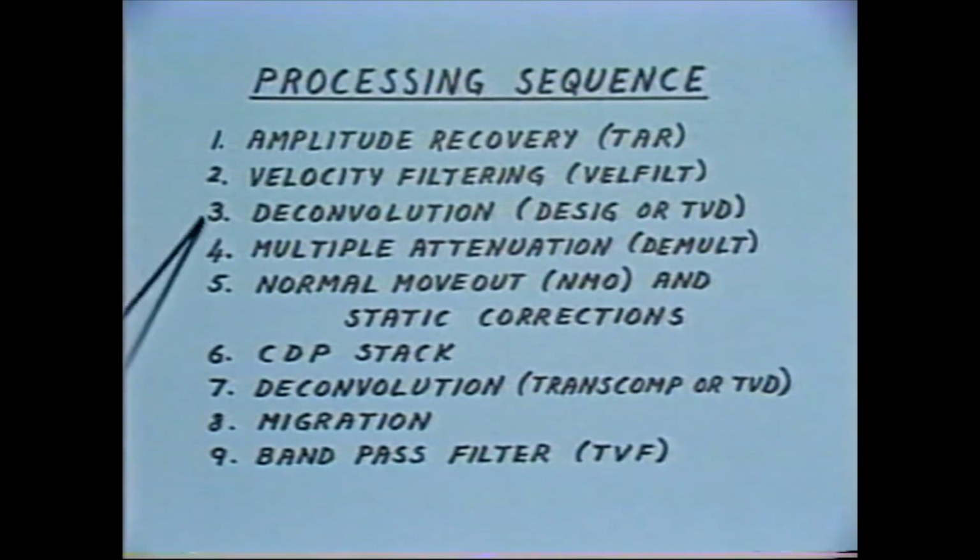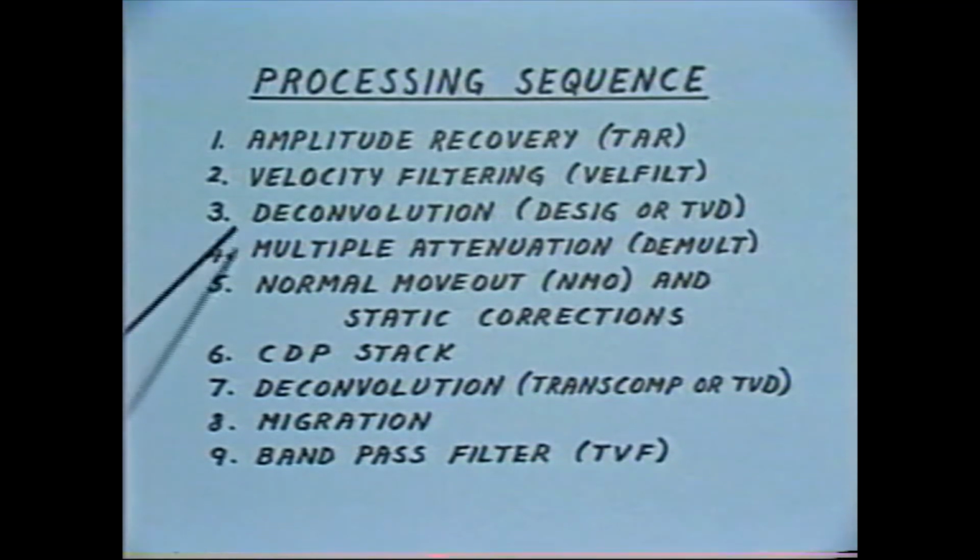Now, all of these processes are applied to the data which is still in the same kind of records as it was recorded in the field, that is common source records, where all the traces on the record came from the one shot.